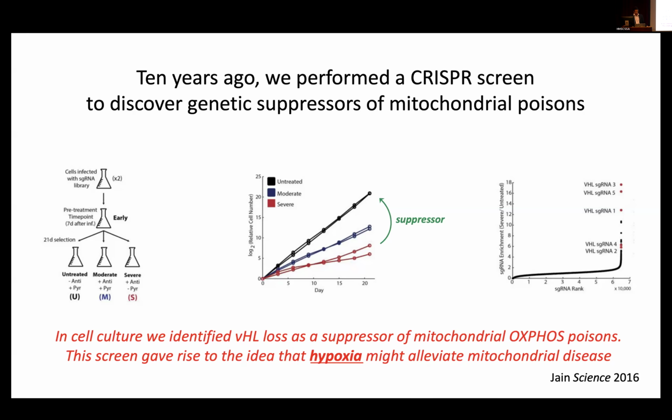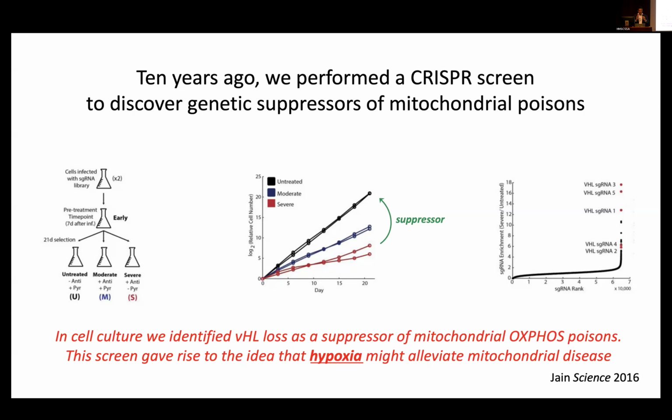And as all of you know, von Hippel-Lindau, VHL, is a gene that's important in the body's oxygen sensing pathway. What the screen taught us is that when you have mitodysfunction, genetically tricking cells into thinking that they're hypoxic might actually be beneficial. This may seem a little bit paradoxical, because even at that time, there were some doctors saying, hey, your kid has mito disease, give them more oxygen.